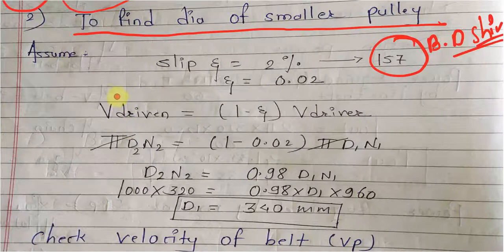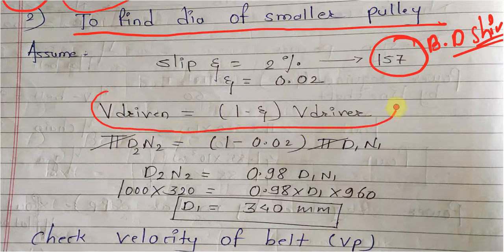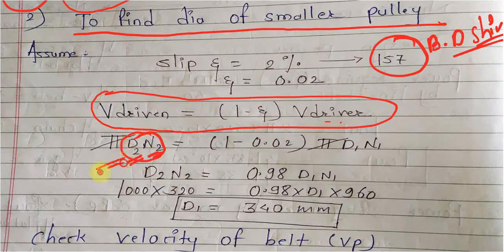Remember this formula: V driven equals (1 minus xi) times V driver, and when we put in the values, V driven is equal to pi d2 n2. We know the values of d2 and n2, already given in the problem, so we just put in the values and get the answer.